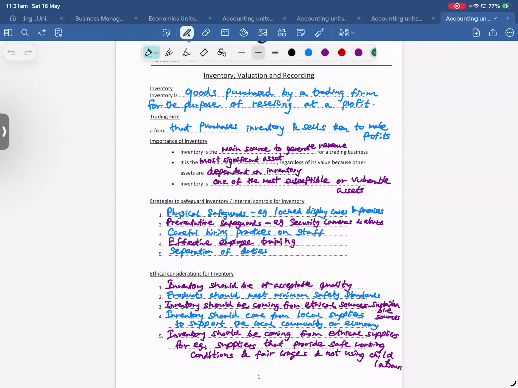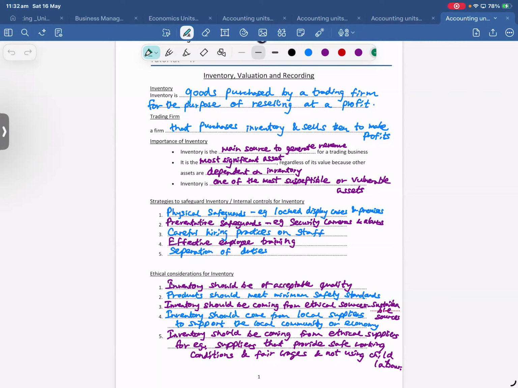Right. Then the importance of inventory. There is some significance of inventory as well. It's a main source to generate revenue. Why? Because it's the main revenue source for a trading business. And also, inventory is the most significant asset.